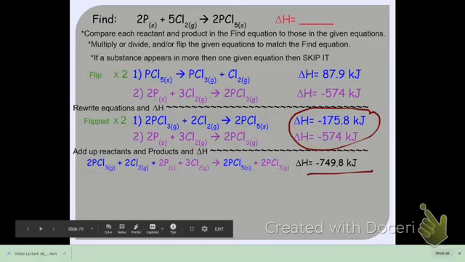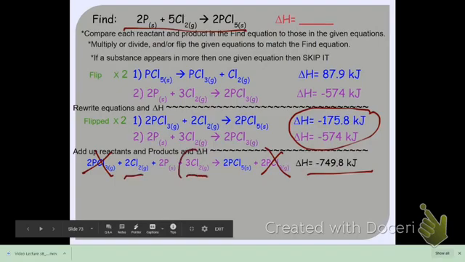So now we can eliminate if we see the need to do so. So let's see what can be canceled out. On the reactant side, we have 2PCl3, which is not in our overall equation. So we can cancel it here as well as here because it occurs on both sides. We have 2Cl here, and we have 3Cl2 here.